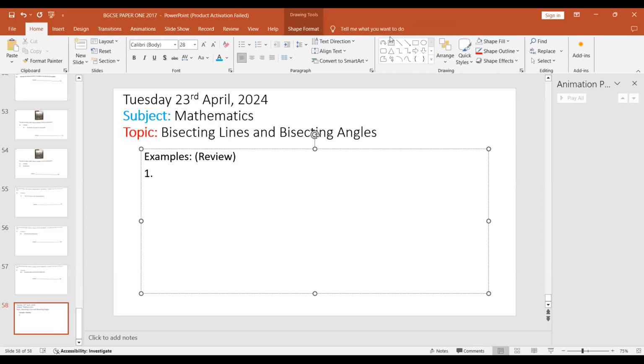So the first thing we want to do is construct a 60-degree angle and label the angle QRS.